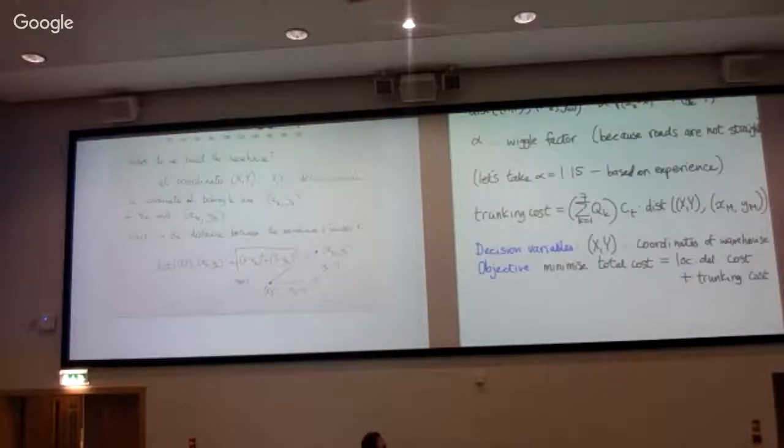The formulas are there somewhere. The trunking cost is still visible. The other formula is hidden somewhere. And then we should also have constraints, usually.